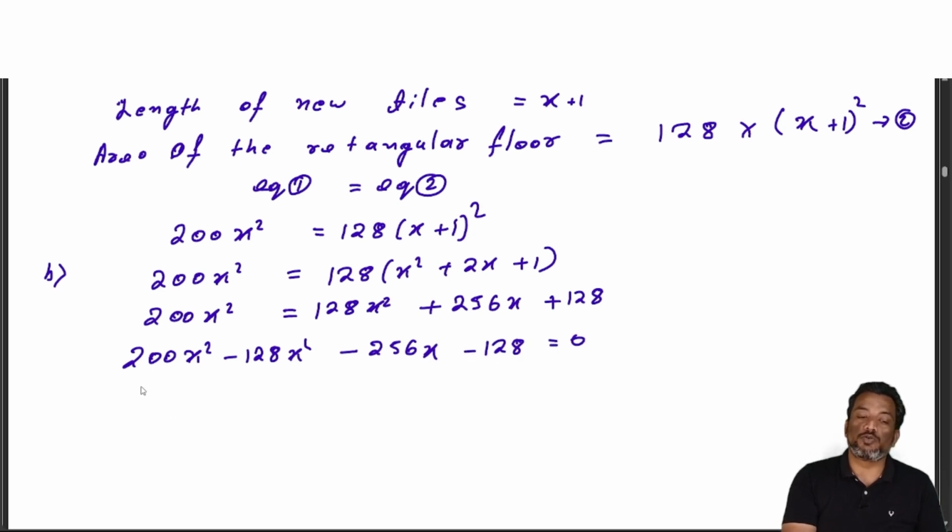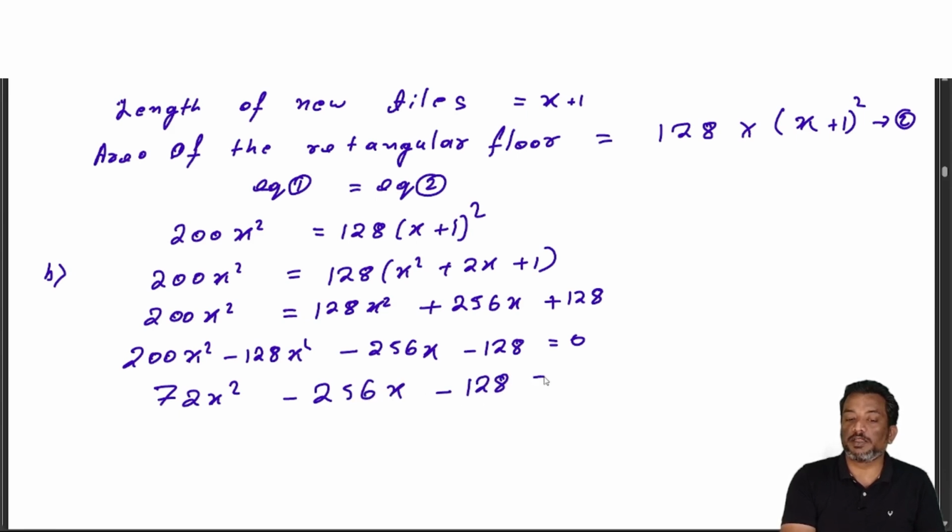Now 200x² minus 128x², because they are both like terms, you will get 72x² minus 256x minus 128 is equal to 0. So you will see you get the standard equation in the form of ax² plus bx plus c.